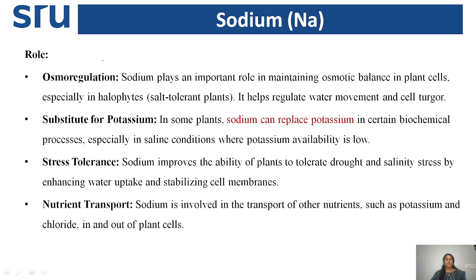Coming to the role of sodium, sodium has a specific role in osmotic regulation. Sodium plays an important role in osmotic balance, like chlorine and potassium. Sodium is also involved in maintaining the water status of the plant in small quantity. Another point is that sodium can replace potassium. Sodium and potassium have the same charge and almost similar size, so the plant can take up sodium instead of potassium.